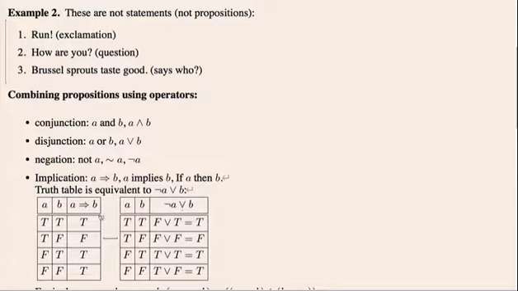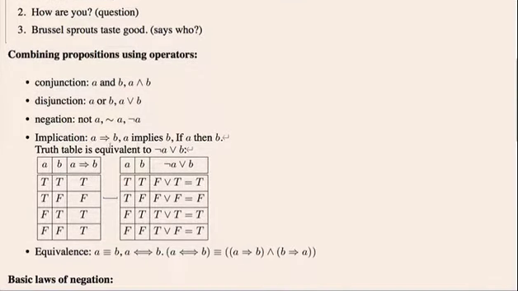If you compare this truth table with the truth table of not A or B, then you will see that they have the same exact values, and that's what equivalence means, that they are either true or false at the same time.